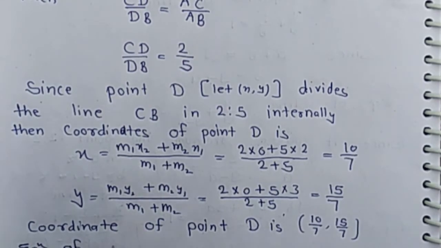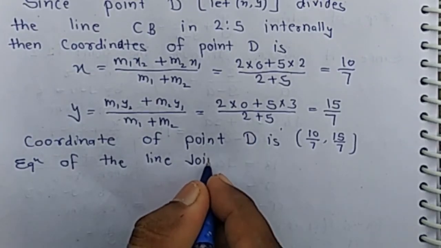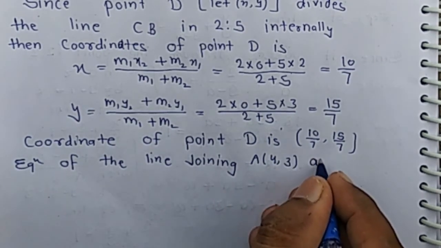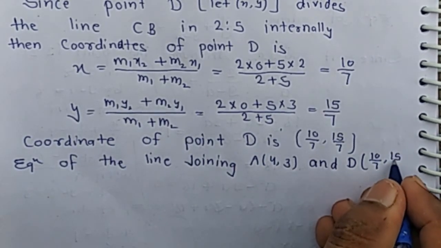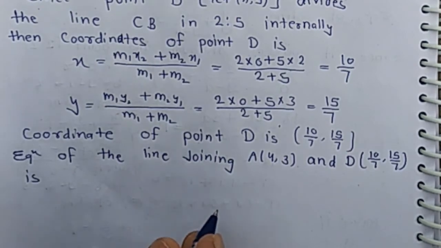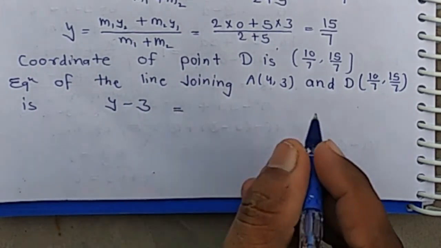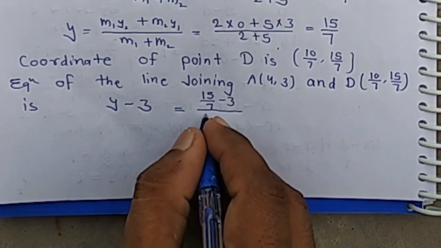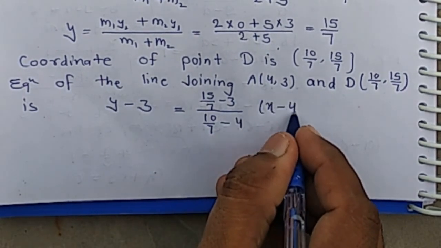The equation of the line joining A and D is y minus y1 equals (y2 minus y1) upon (x2 minus x1) times (x minus x1).